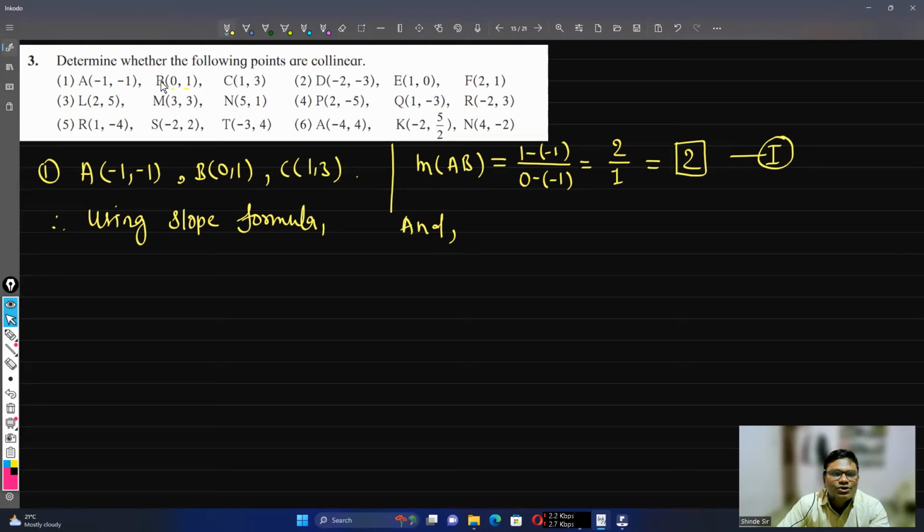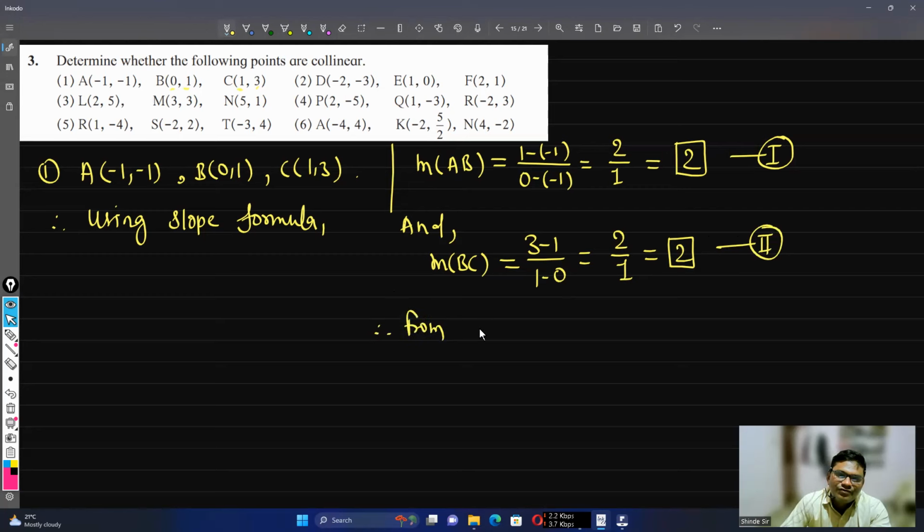So I'm going to find the slope of BC here, and slope of BC must be equal to 3 minus 1 upon 1 minus 0, that will be equal to 2 upon 1, which is again equal to positive 2, and this will be our statement number 2.